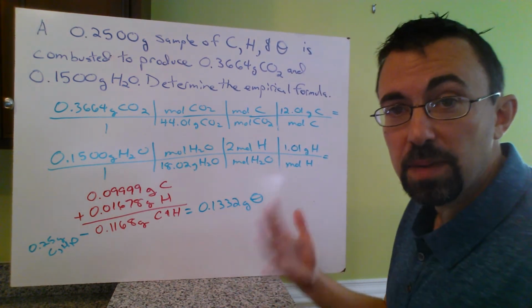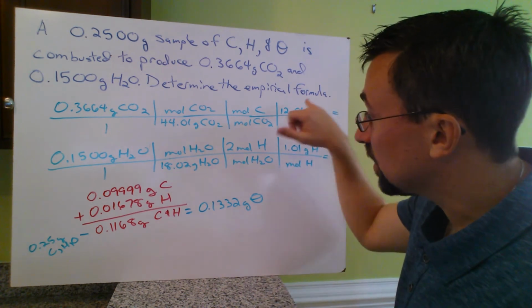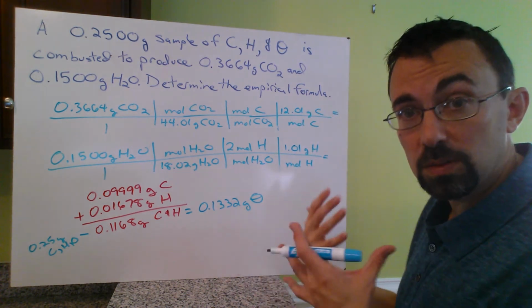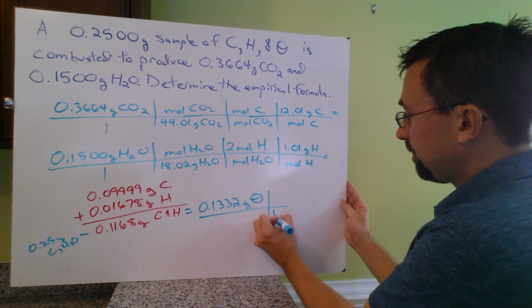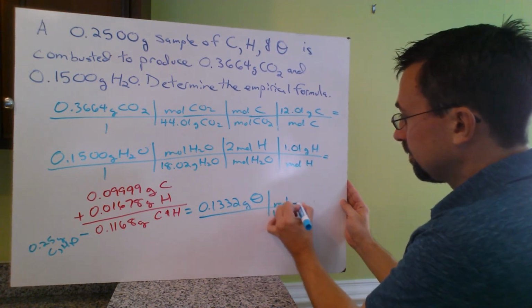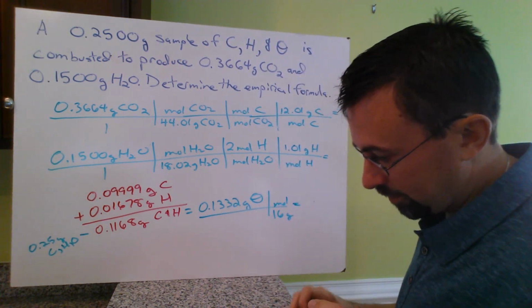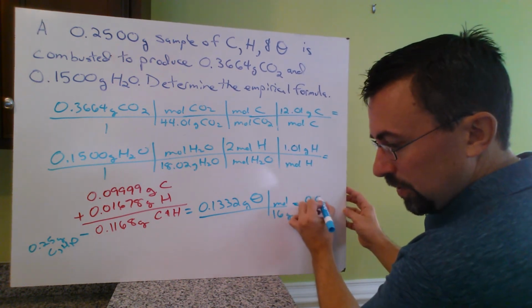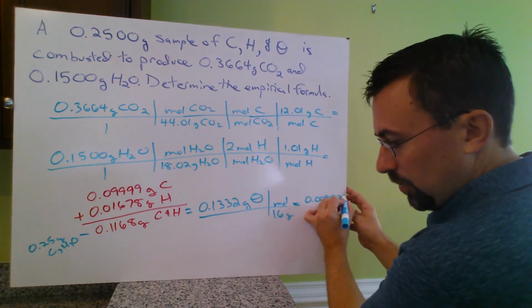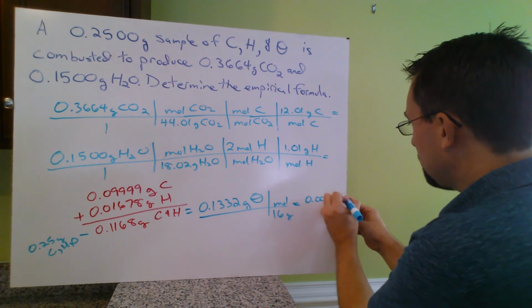So this is just like we were doing the mass percent problems. And we had grams of carbon, grams of hydrogen, grams of oxygen converted to moles. 0.008327. Sorry, I'm going to round up with my sig figs.